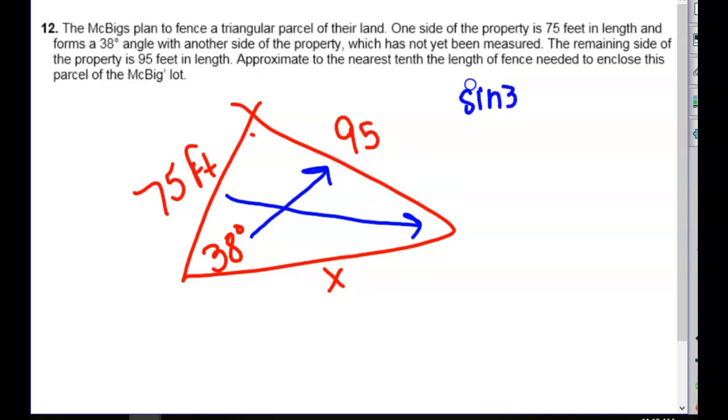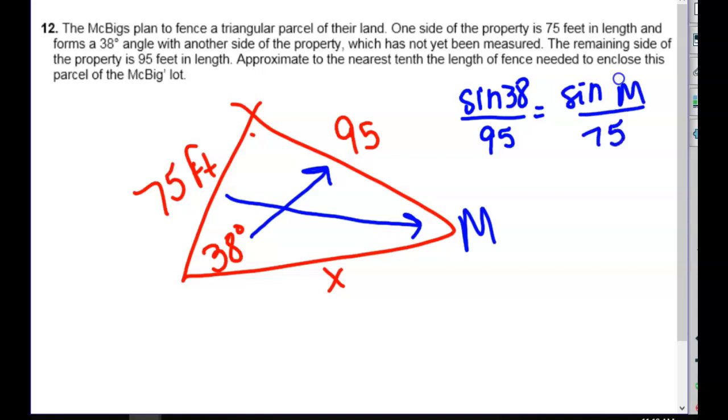Sine of 38 is across from 95. In the same way the sine of, we'll call this M for McBiggs, is across from 75, okay? Now we're doing second sine. 75 sine of 38 divided by 95. I got like 0.486.